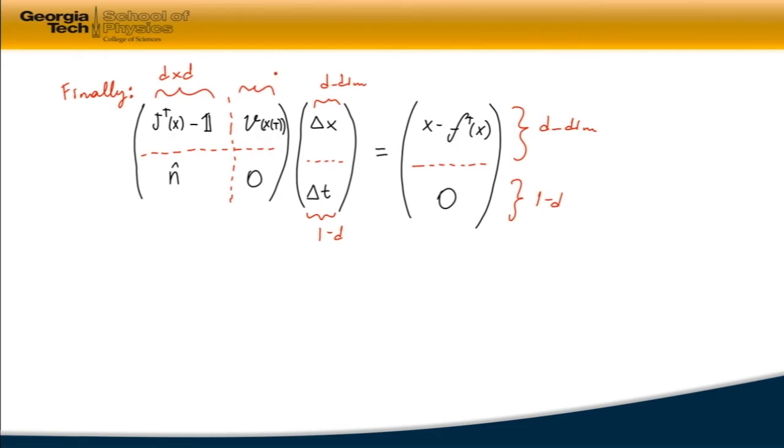This block here, the velocity, is a d by 1 vector.